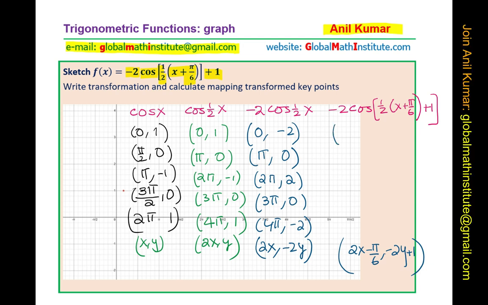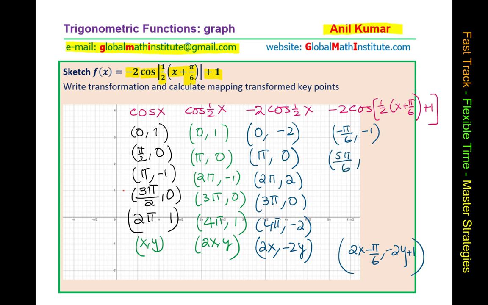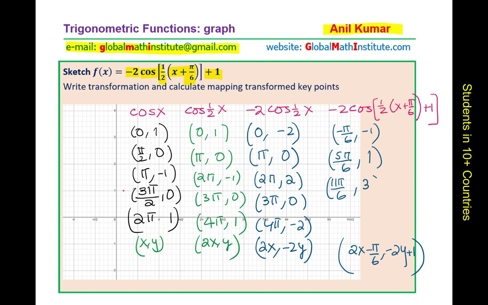So, adding minus pi by 6 to 0 will give us minus pi by 6, and adding 1 to minus 2 will give us minus 1, correct? Now, minus pi by 6 will be 6 pi minus pi, which is 5 pi by 6, correct? 0 plus 1 is going to be 1. 2 pi minus pi by 6 means 12 minus 1, which is 11 pi by 6, right? And 2 plus 1 is 3.